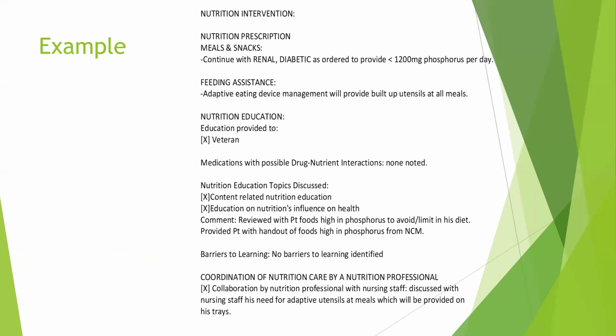The patient was provided a handout of high phosphorus foods from the Nutrition Care Manual. There were no barriers identified to learning. Another part of the intervention was coordination of care by the nutrition professional. The RD contacted nursing about the need for adaptive utensils at the patient's meals.